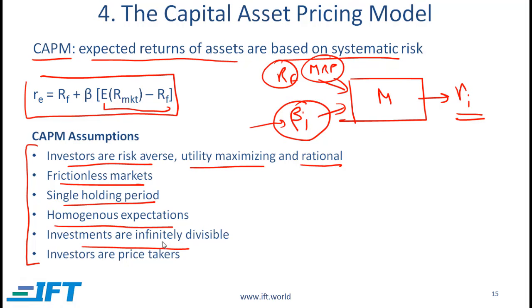Investments are infinitely divisible, and investors are price takers. In other words, we just see a given price of a given asset and we buy or we don't buy. We do not influence the price.